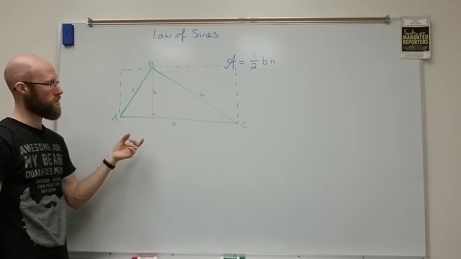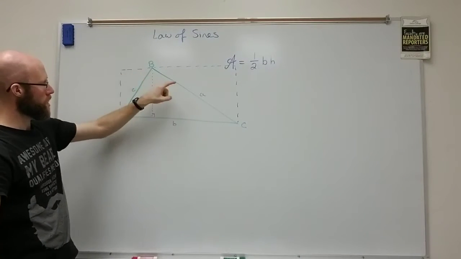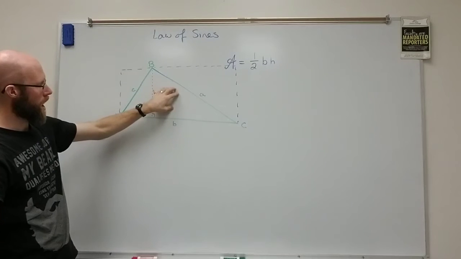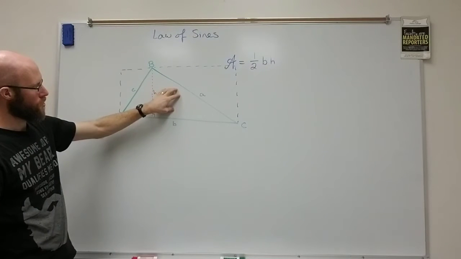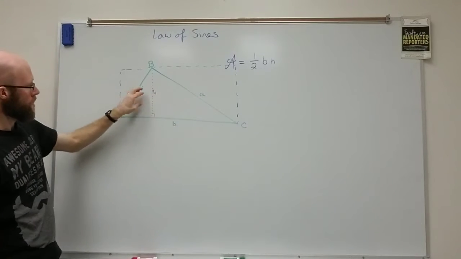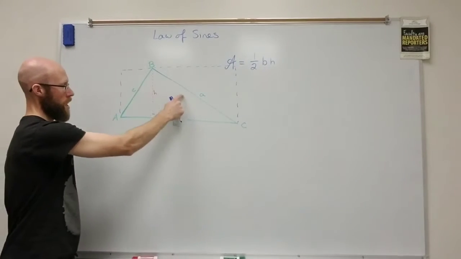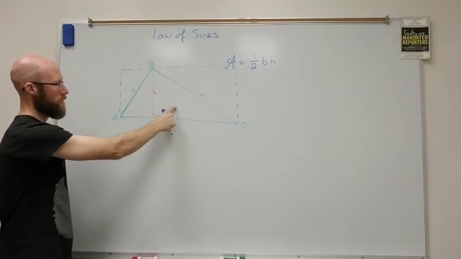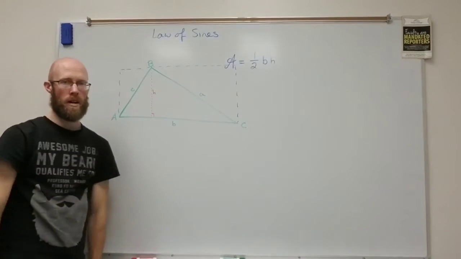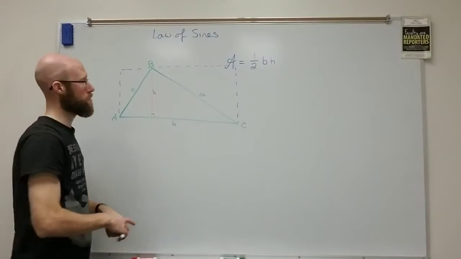But the triangle takes up half of that, because the green right triangle here and the blue right triangle are equal in size. So the area of the big green right triangle is half of the area of the blue rectangle. So 1/2 base times height. That's where that formula comes from.